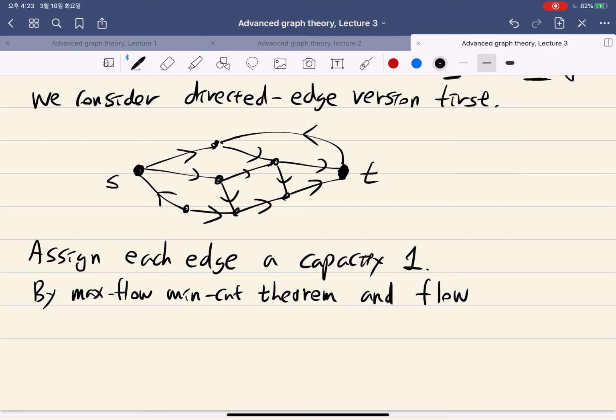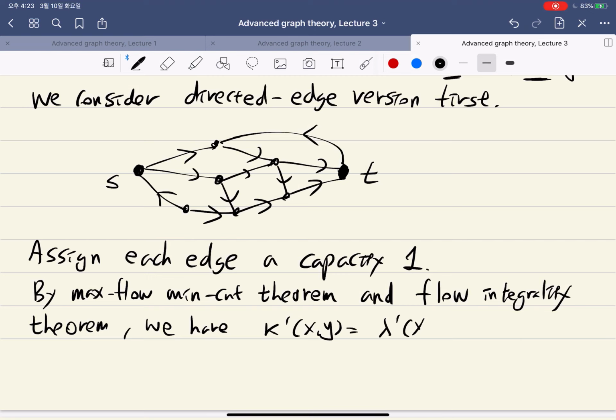So I think flow integrality theorem, that's what we called it. Yeah. And the flow integrality theorem, we have the conclusion: kappa prime xy is lambda prime xy.